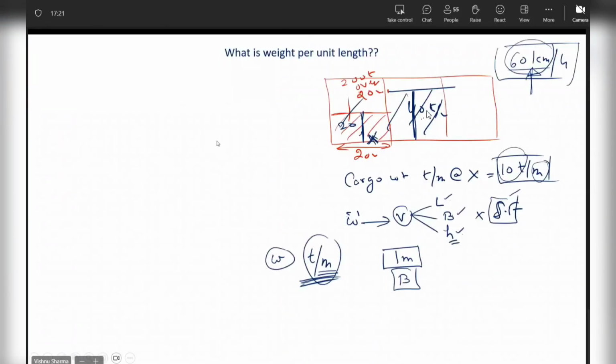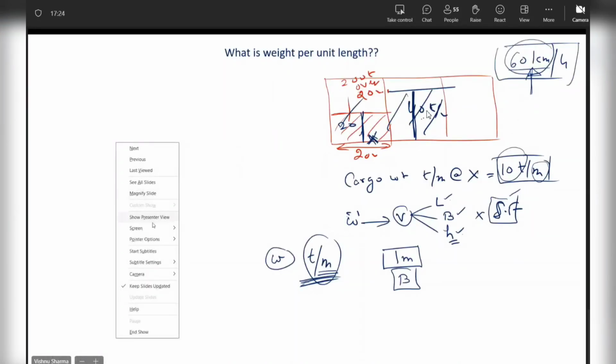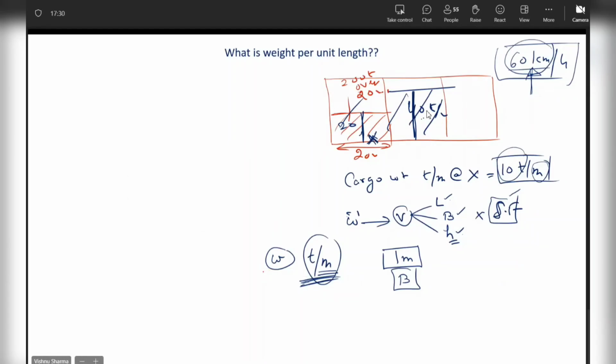So that means when I say what is the weight of the cargo at a particular point in that location, it is basically directly dependent on the height. So what does it actually mean when I say weight in tons per meter at X?